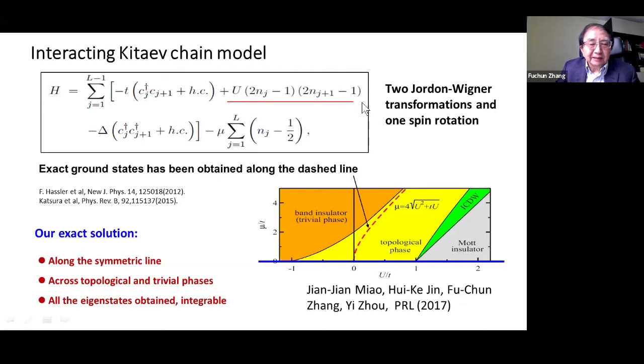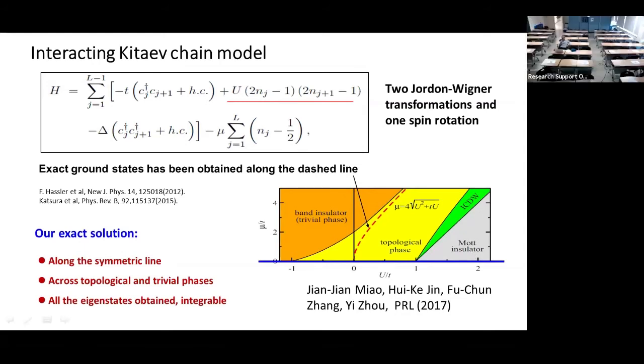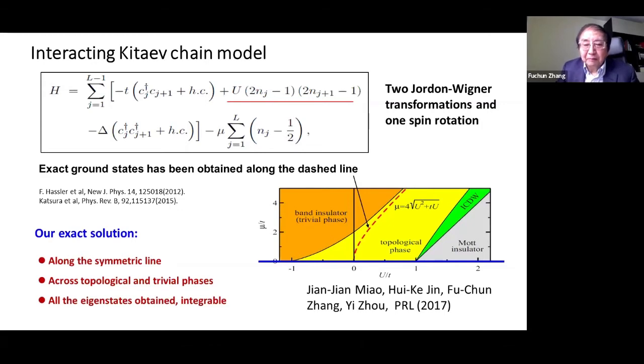Because this is spinless fermion, every site allows only one Dirac electron or no electron, so the on-site interaction is excluded. We only have the nearest neighbor interaction U. What we call the Mott insulator, actually the referee later suggested we change the word to charge density wave. So in that sense, charge density wave is more proper.